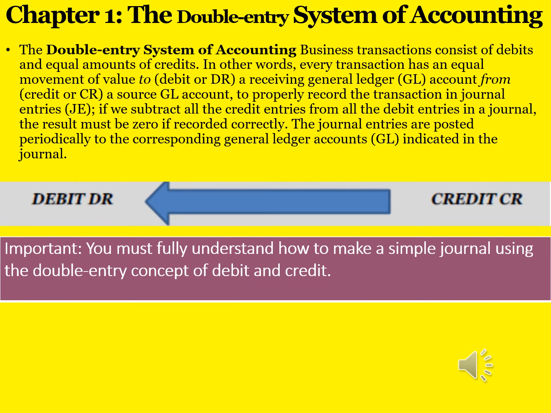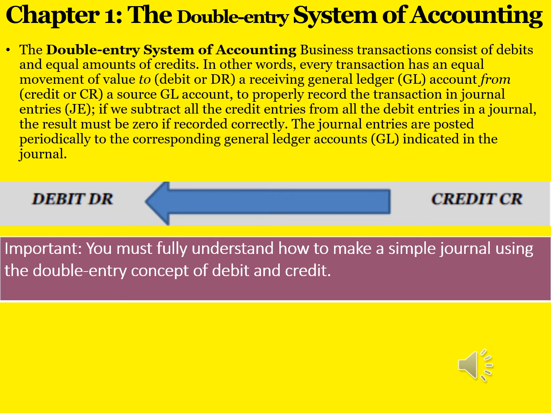The double entry concept of accounting requires that business transactions consist of debits and equal amounts of credits, showing the equal sources and uses of funds between general ledger accounts using the chart of accounts. In other words, every transaction has an equal movement of value to debit, a receiving general ledger, from or credit, a source general ledger account, to properly record the transactions in journal entries.